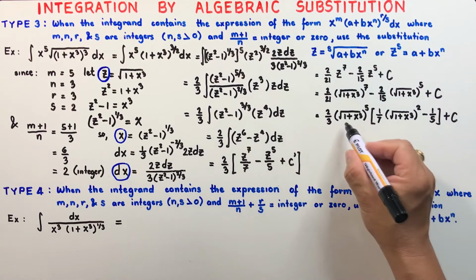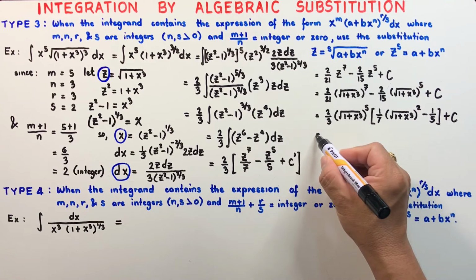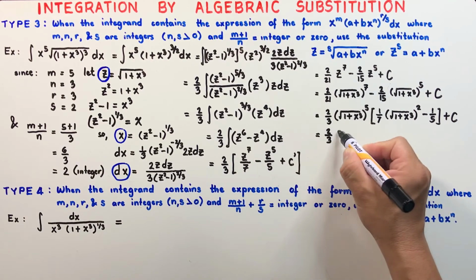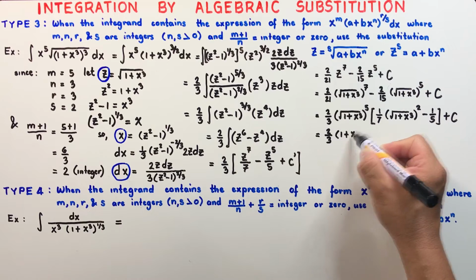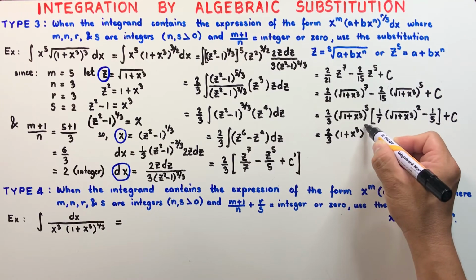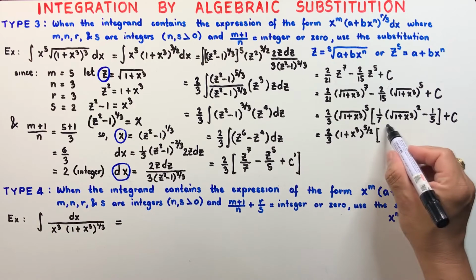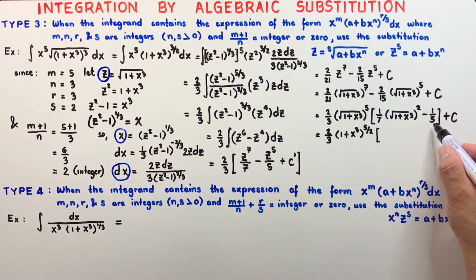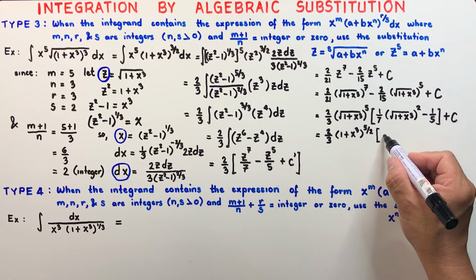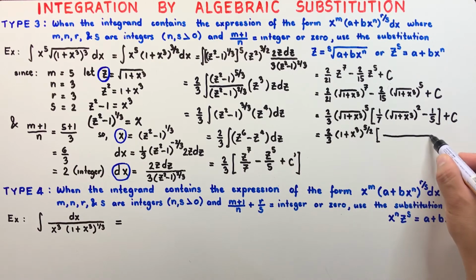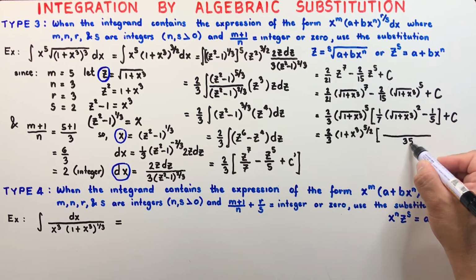So simplifying this factor here, we have 2/3 times 1 plus x cubed to the power of 5 halves. And this will be multiplied by this binomial. And this binomial, when combined, is equal to a fraction with an LCD of 35.